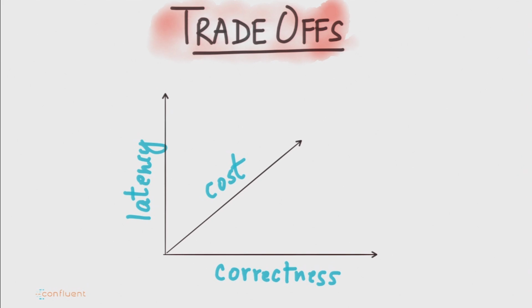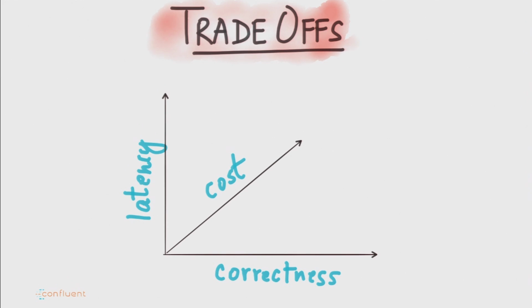Because some applications might care about correctness, but others might not. Some might need low latency. Others are okay with waiting a few seconds. Some might also not be okay with the cost required to optimize along those other two dimensions, and so they might, in order to save cost, trade off that latency or correctness.